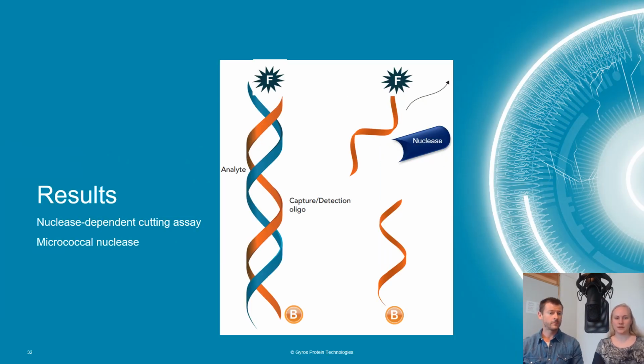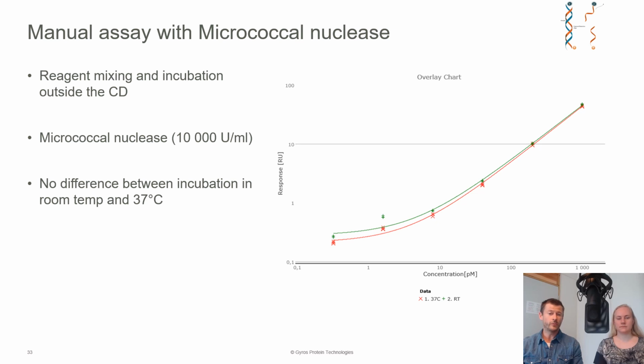Now we will be moving on to the results of the nuclease-dependent cutting assay. As for the hybridization assay, we first assessed the manual assay, doing all reagent mixing and incubation outside the CD. Here the dual purpose probe was incubated with the analyte, and then the micrococcal nuclease was added to cut every probe that is not bound to the analyte.